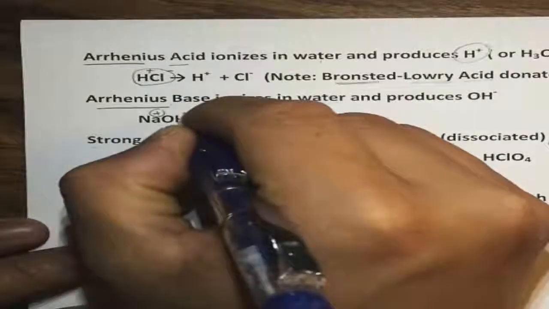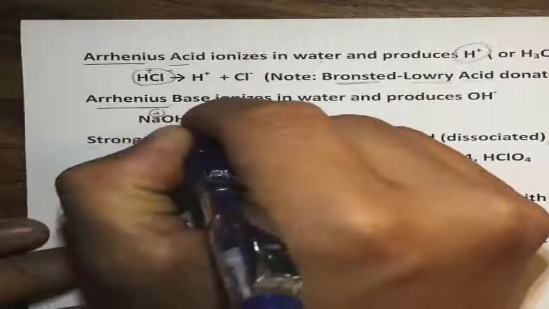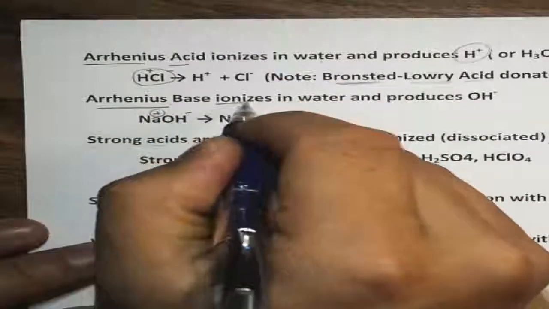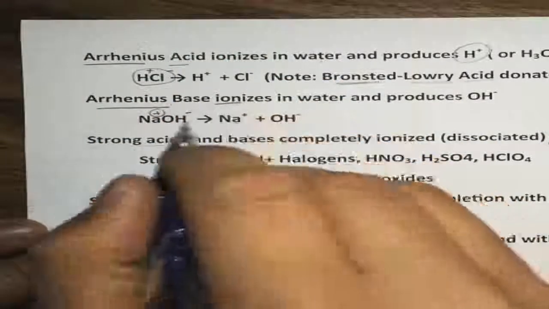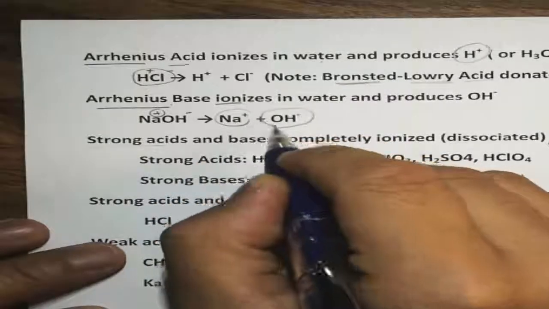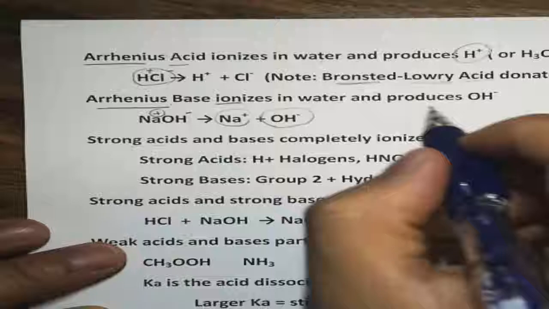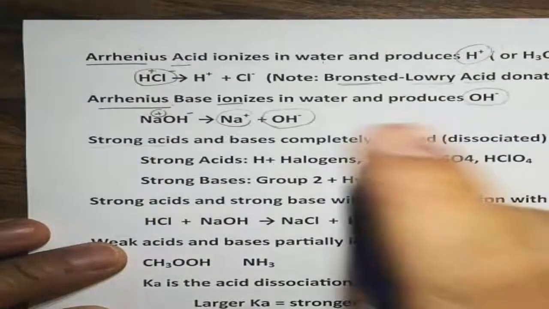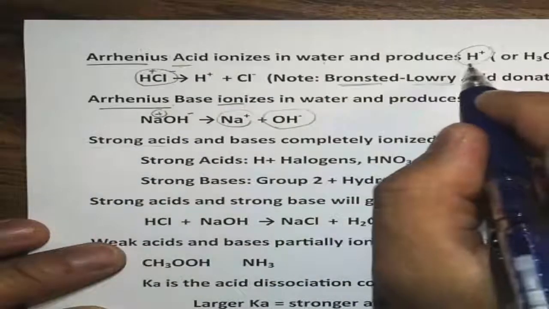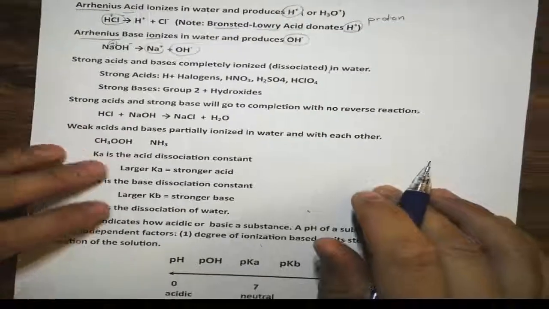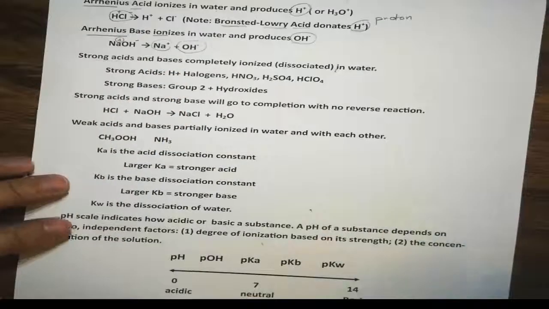This is from the plus Na or sodium and the OH- hydroxide. When it's ionized in water, notice the term ions, right? It will produce the positive ions and the negative ions. In this process, the base produces the OH-, which is the hydroxide, whereas the acid produces the H+. So keep that in mind. That is extremely important when it comes to calculating pH.